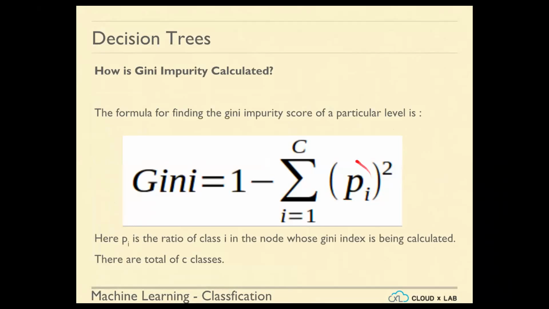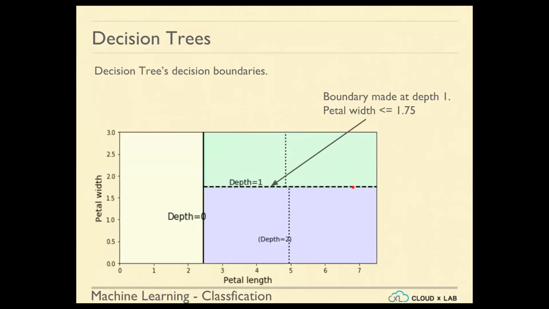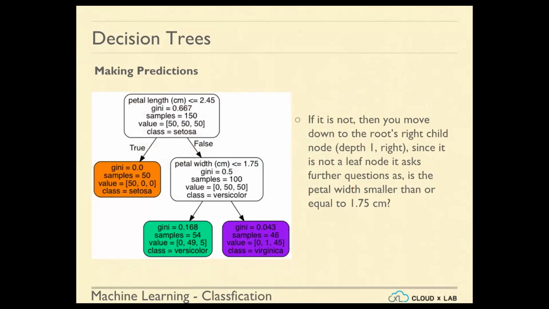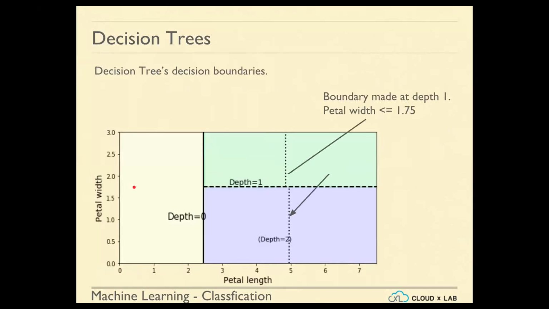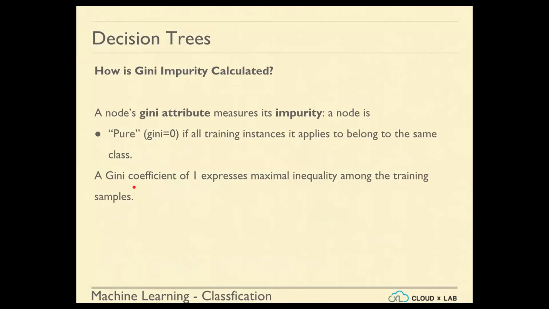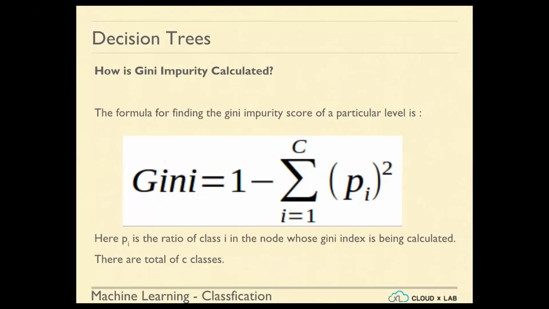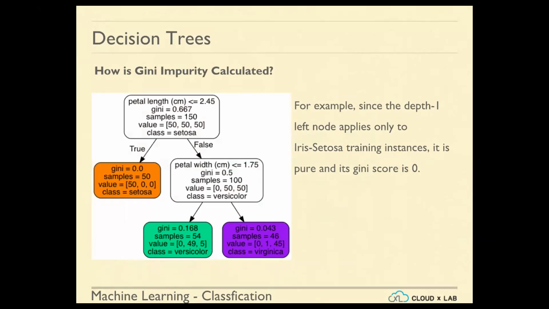That's one important part. It's a square of it. So 1/3 square plus 1/3 square plus 1/3 square. That's what it is.